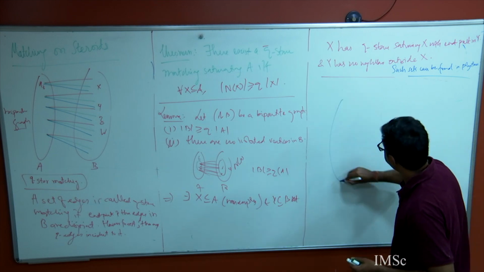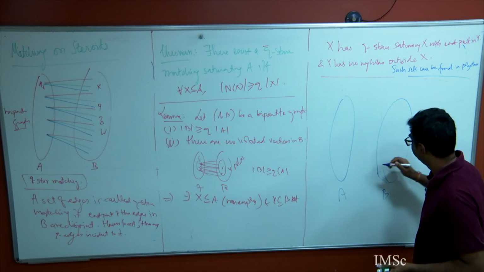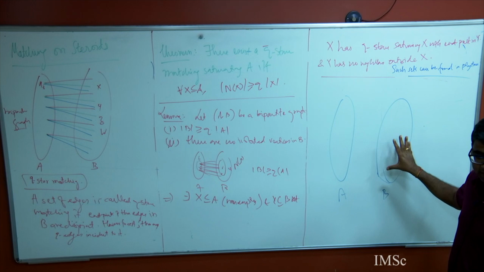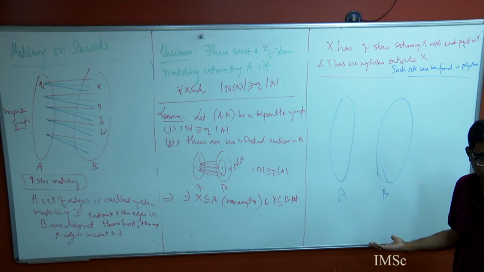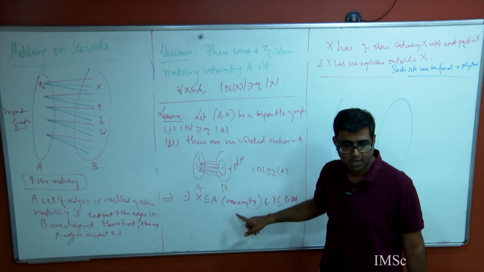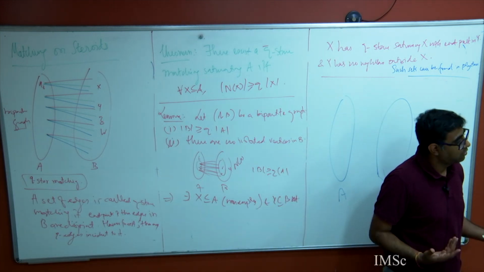Here is A, here is B. Okay, I got it. If there is a Q star matching that saturates A and B, there is nothing to prove because I can take X equal to N of B. So this does not hold. What is the meaning of this?